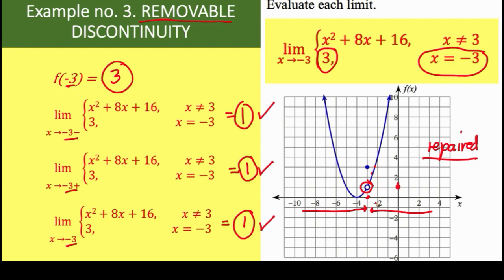So that's the difference between just evaluating a function and evaluating a limit. In algebra, most of the time, we are interested in getting the y value for any particular input x. But in limit, we are only interested in the y values as the input x approaches the point of interest.